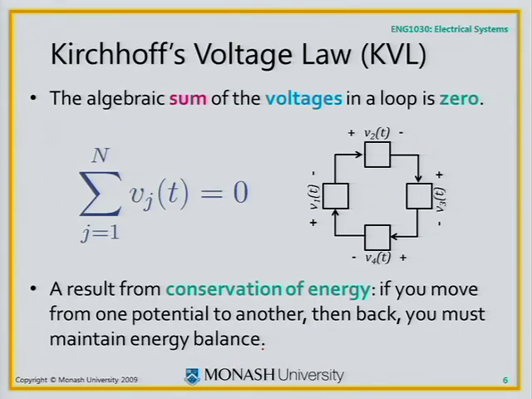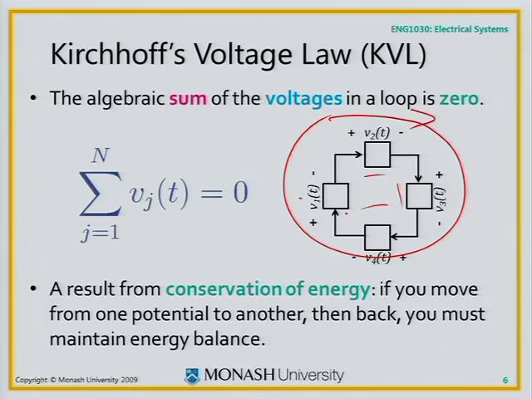I sum the voltage drops across elements around a loop, and that sum must be 0. But as I go around this loop in this direction, I can say V1 plus V2 plus V3 plus V4 equals 0. But notice what's consistent is there's a positive terminal first, positive first, positive first, and positive first.